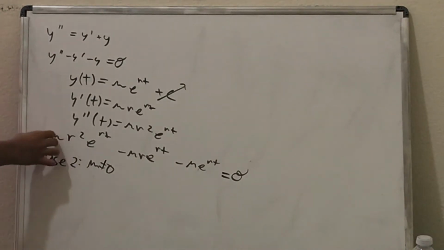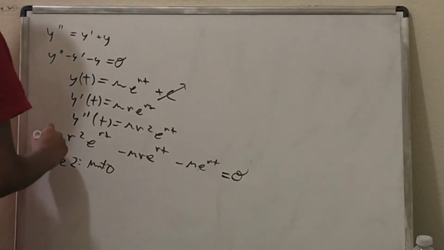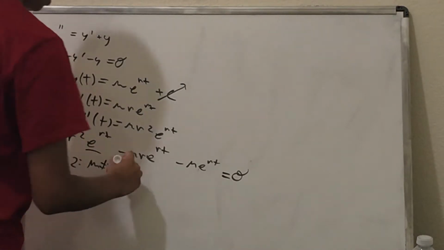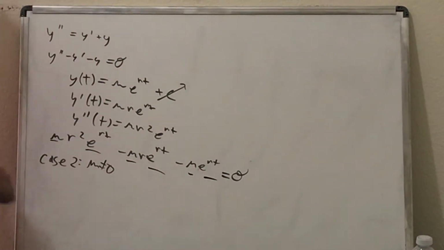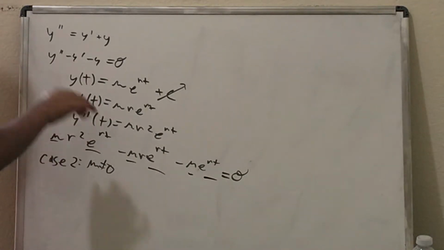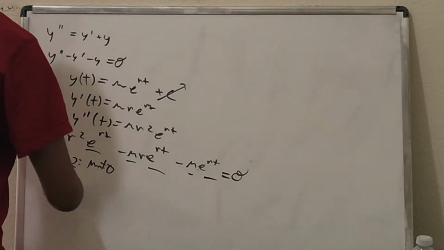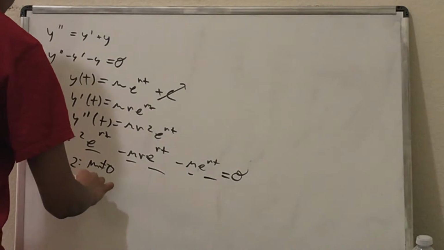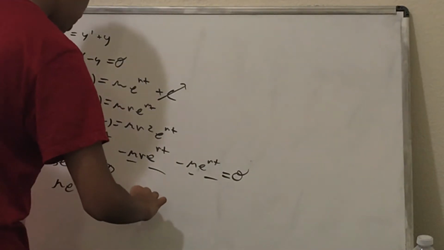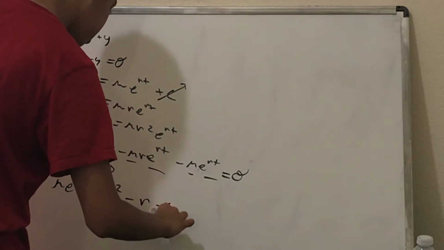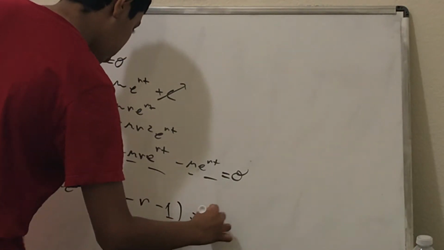Well, we can factor out. Notice you have a mu e^(rt), mu e^(rt), mu e^(rt). We can factor that out and divide it. So we get mu e^(rt) times (r squared minus r minus 1), and this is equal to the zero function.